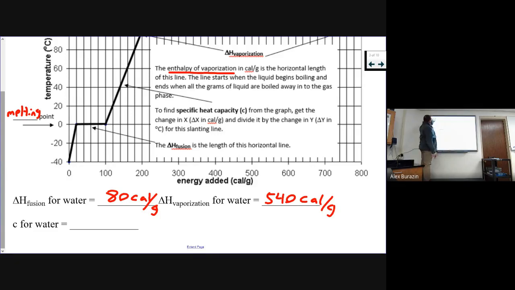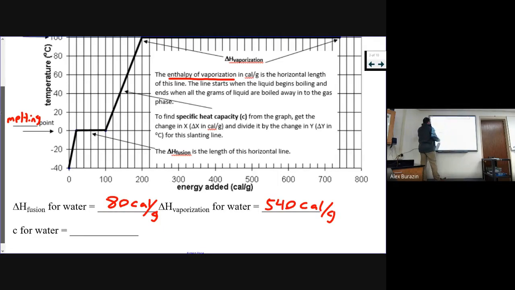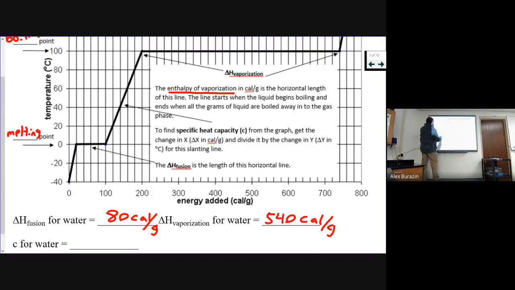Here is my degrees Celsius. Here is my calories per gram. If I take the change in X over a sloped area and divide it by the change in Y over a sloped area, I get the specific heat capacity.